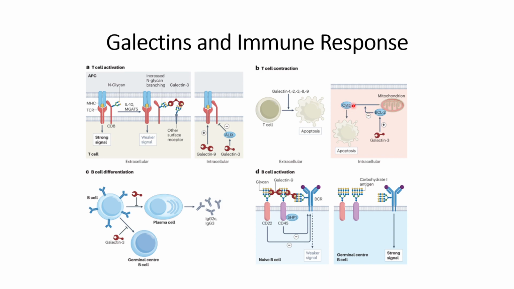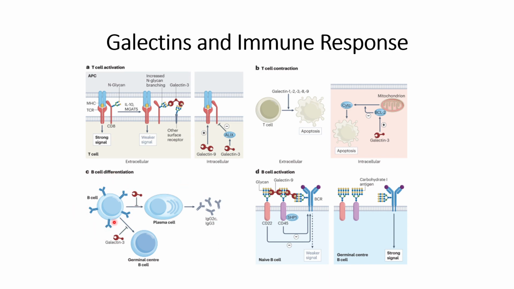Thereby, the leakage of cytochrome C into the cytosol of the cells will be reduced, and the triggering of apoptosis through cytochrome C will get reduced. So this is how galectin 3 is related to apoptosis, or we can say T cell contraction.